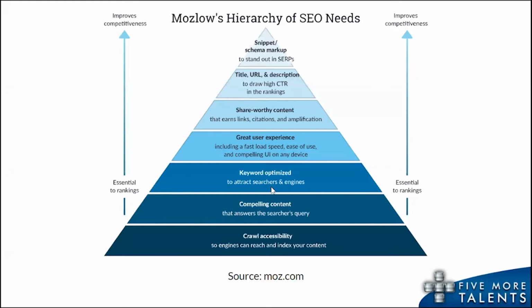Now, the next row in this is keyword optimized. So this is what I sometimes call on-page optimization. So let's say that the keyword you're trying to optimize for is Reformed Church in, I don't know, Phoenix, Arizona.